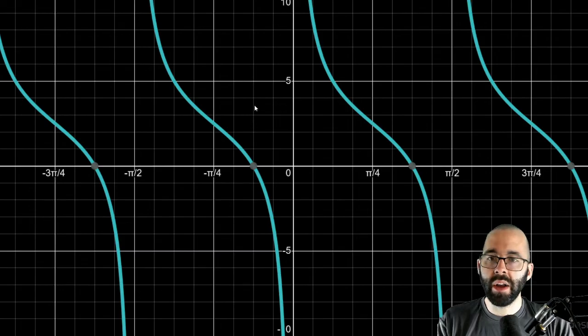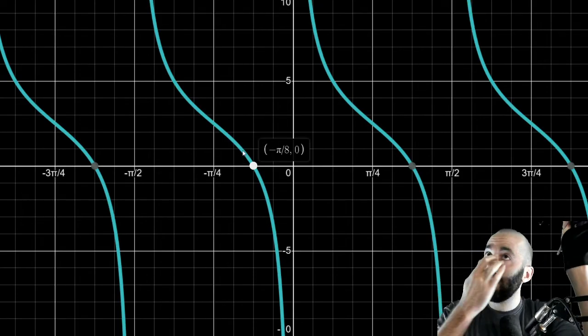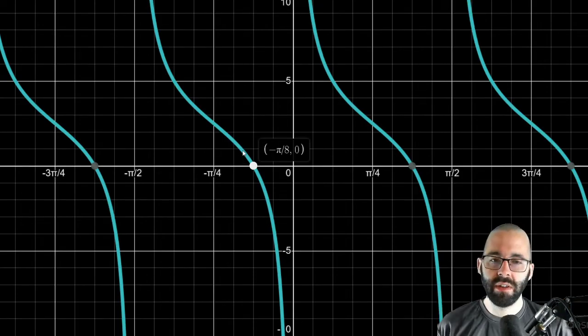Normally, we would go up 1. Well, what are we actually doing? First off, we're going down. We're going down to 0. We started at y equals 2.5, and we're going down to 0. So instead of going up 1, we went down 2.5.